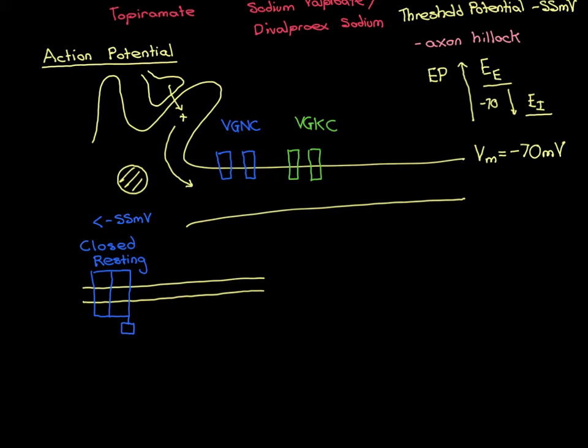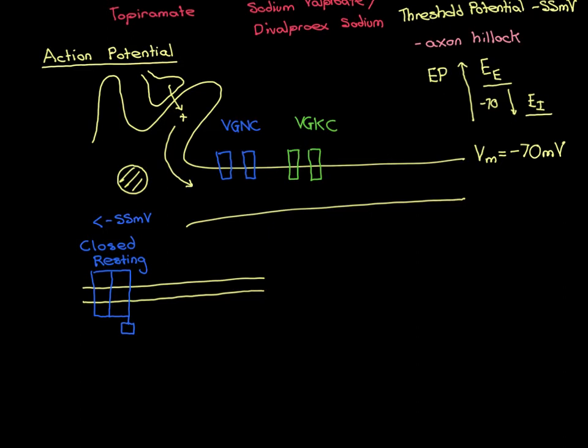Now, when we depolarize the electrical potential difference across the cell membrane to above negative 55 millivolts, what happens is it really wants to move into the closed inactivated state. And you're probably surprised at what I've just said. You're probably waiting for me to say it's going to move into the open state, but actually the open state is only a transient intermediate.